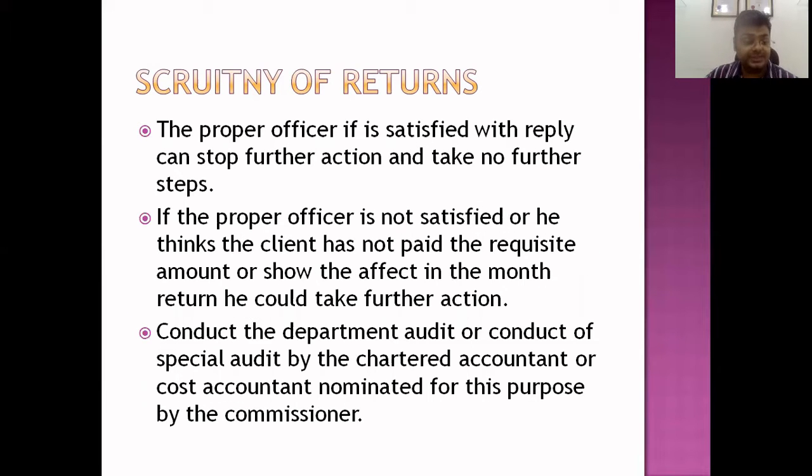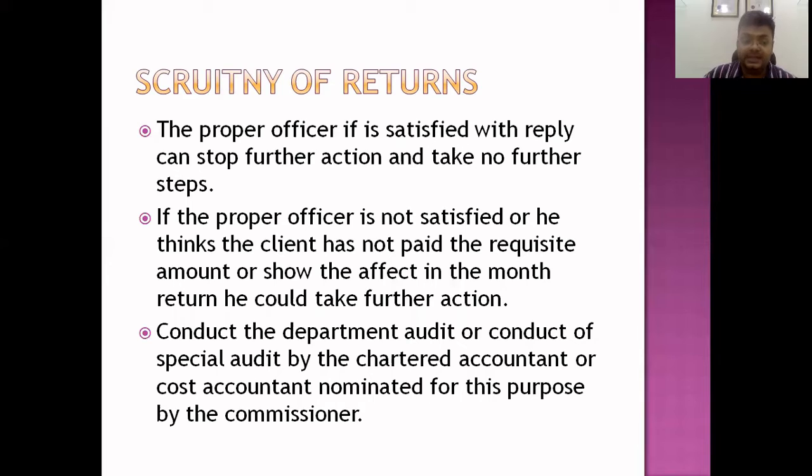If the proper officer is satisfied with your reply in case of discrepancy, then the scrutiny of returns will be stopped. Otherwise, if the proper officer is not satisfied and thinks that you have not paid the tax that ought to be paid, or you have not corrected the return in the month when the notice was issued, or adjusted the excess tax liability, he may move further.